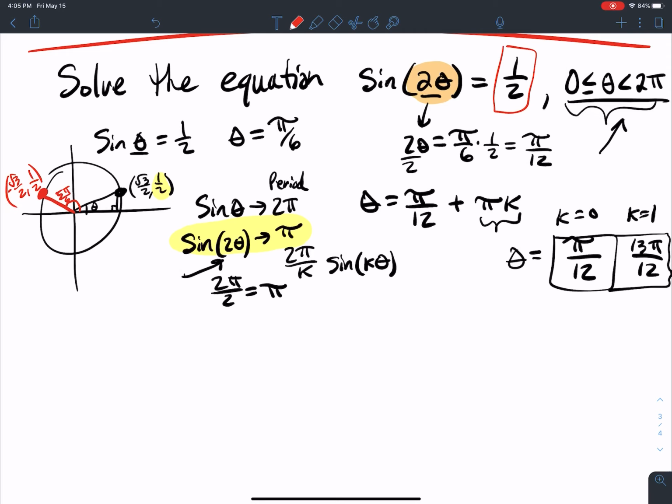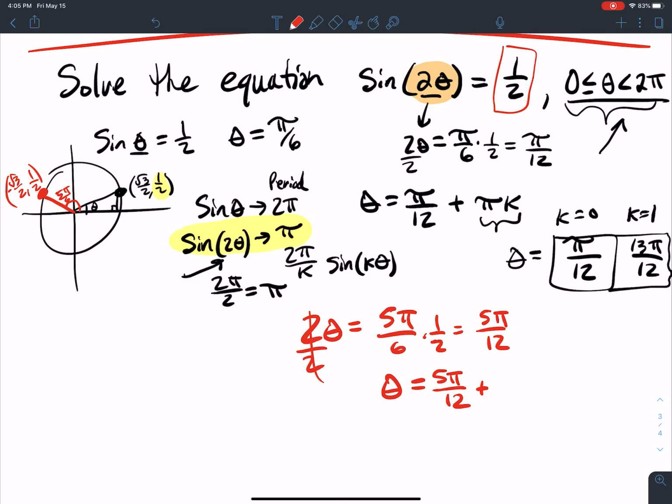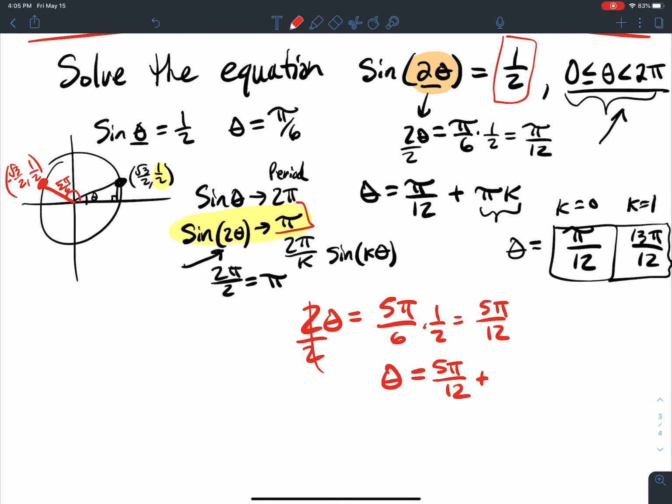Okay. So I have 2 theta equals 5 pi over 6, divided by 2, multiplied by 1/2. And so that gets me 5 pi over 12. Okay, so in general, theta is 5 pi over 12 plus, and then the length of the period is pi, so I do pi k.